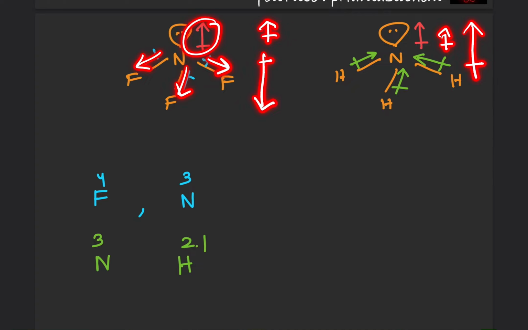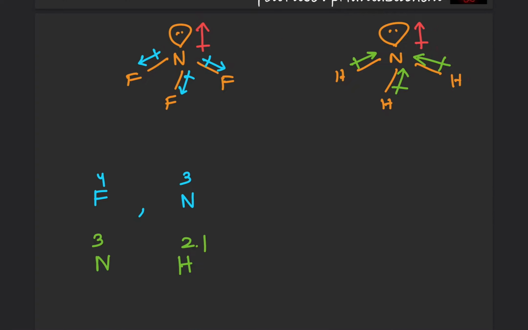So the dipole moment of NF3 is lesser than the dipole moment of NH3. Here the resultant of these three add to the dipole moment of the lone pair. Here the resultant of these three cancels out with the dipole moment of the lone pair. So here the dipole moment is less, here it is more.